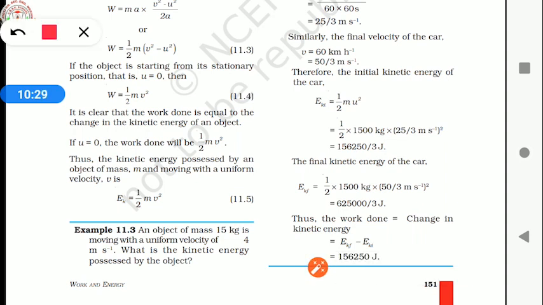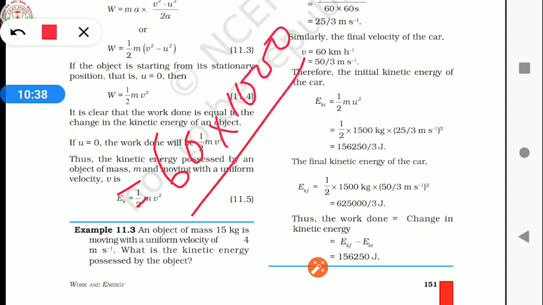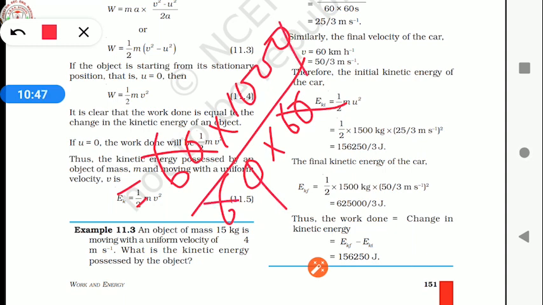So 60 kilometer per hour is equal to 60 into 1000 upon 60 into 60 seconds. 60 and 60 will get cancelled. 0 and 0 will get cancelled. 3 2s are 6 and 50 2s are 100. So that will be equal to 50 upon 3 meter per second.